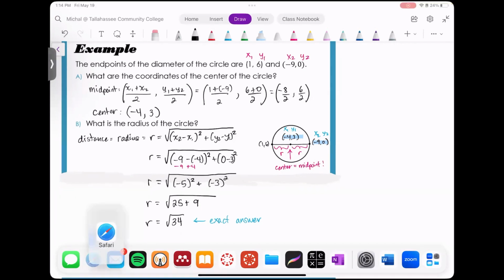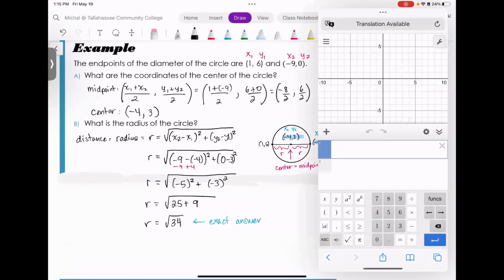So let me go ahead and pull this over here, and I'll use my Desmos calculator. I'm going to click the square root button, but you could also type in the little letters SQRT, and it would automatically generate. It's about 5.83, so that's cool.